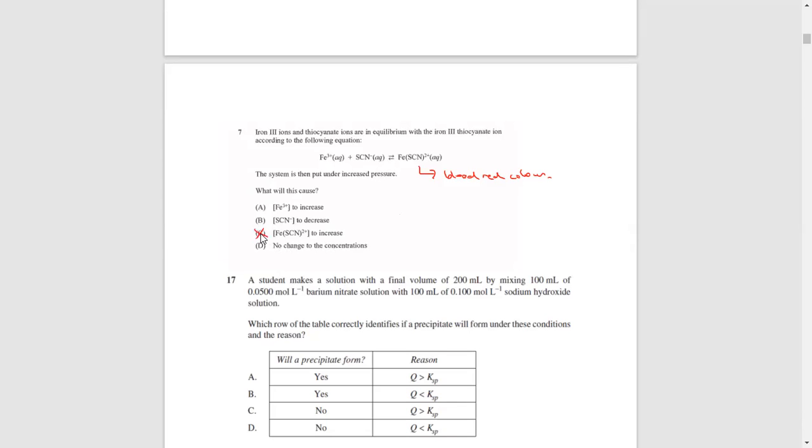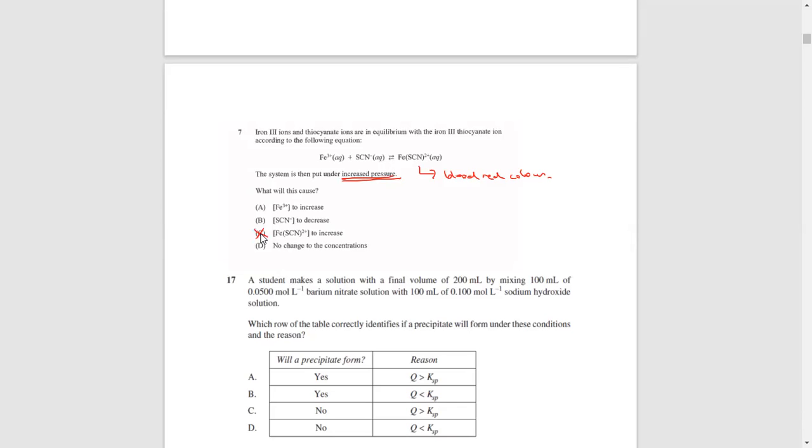It's for that reason that I wanted to go through this question and get you to pick an answer first, because you are increasing pressure. Now, increasing pressure does push towards the side with less moles, but you might also want to remember that it's the side with less moles of gas.